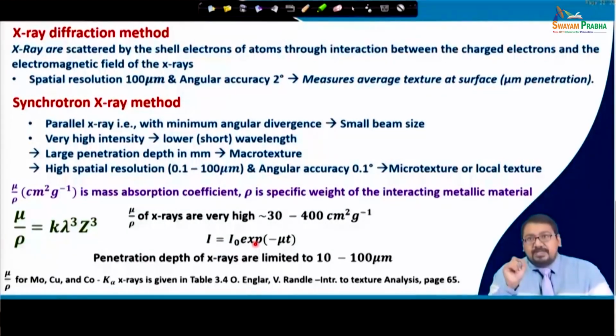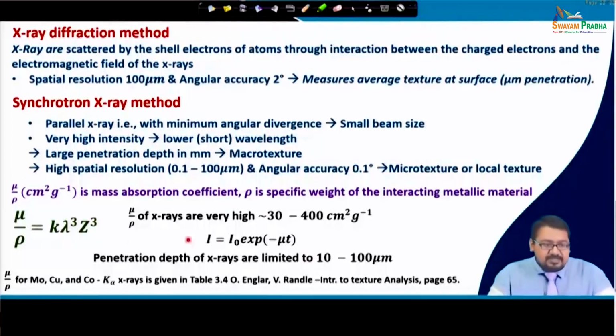So the penetration depth of normal X-rays is in a range of 10 micrometer to 100 micrometer based upon this mu by rho, that is the mass absorption coefficient.